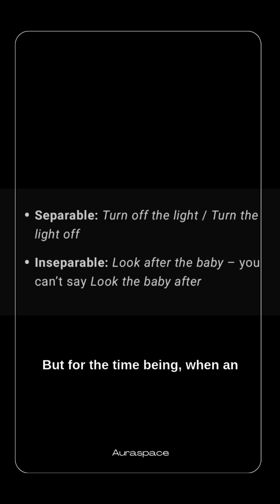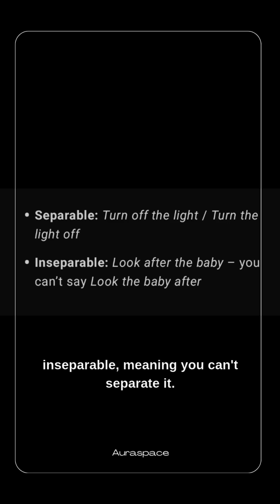But for the time being, an example of the separable is turn off the light, and this could also be rephrased as turn the light off, right? The same meaning when it is reconstructed, the same idea, and it is allowed. That is what separable means.